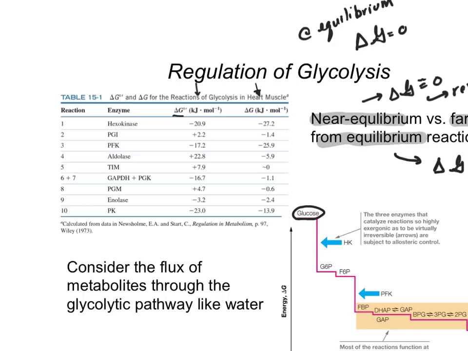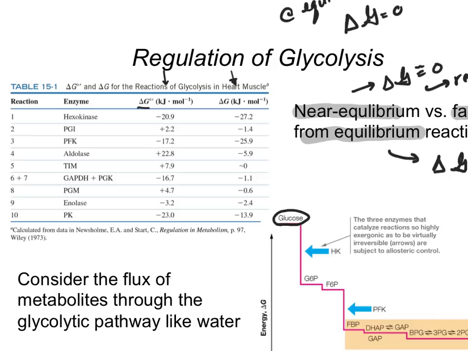As we look at these, a few should stand out. Anything that's close to 0 is a near equilibrium reaction. Anything that has a negative and large delta G is going to be a far from equilibrium reaction. So what is one of these if we're looking at our delta Gs? For the first one, hexokinase is a far from equilibrium reaction.